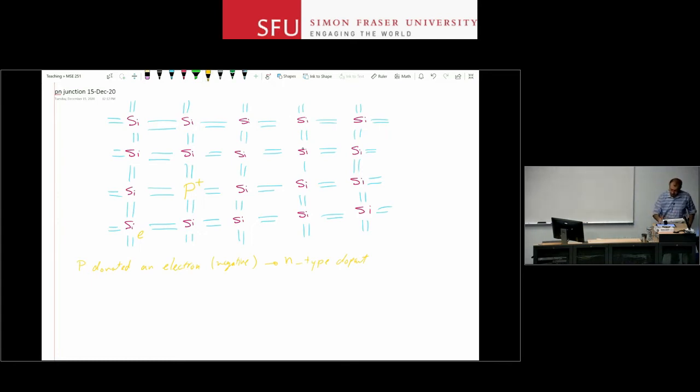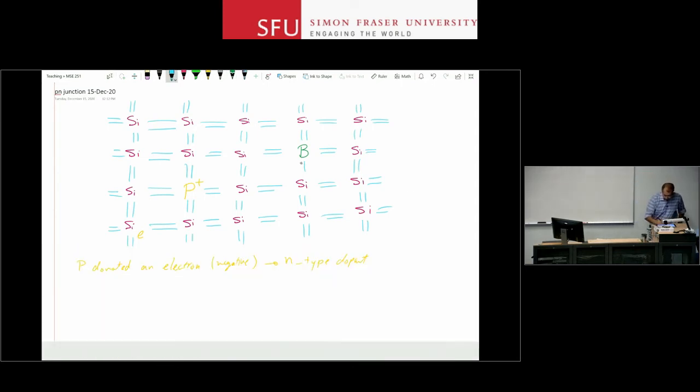I can go and take one of these other atoms here and replace it with, let's say, boron. Now, boron is from the 3rd group in the periodic table. It has 3 electrons in its outermost shell.